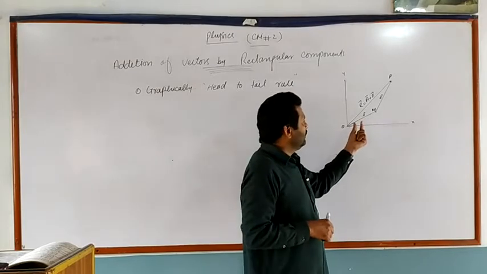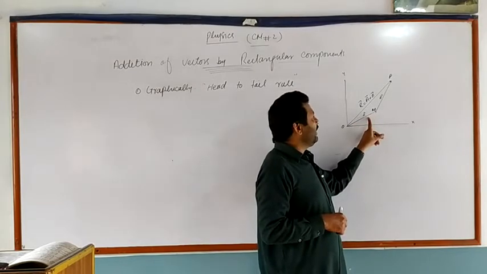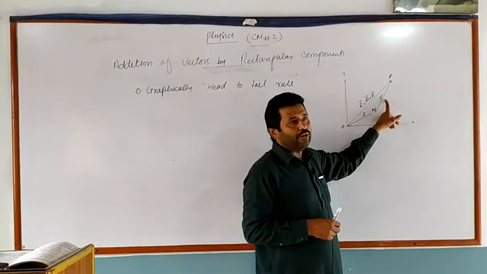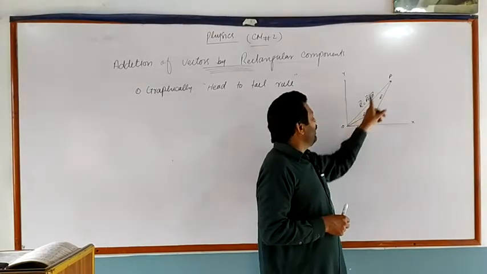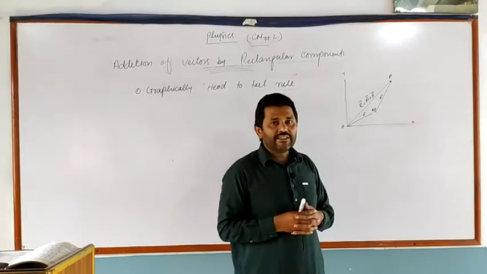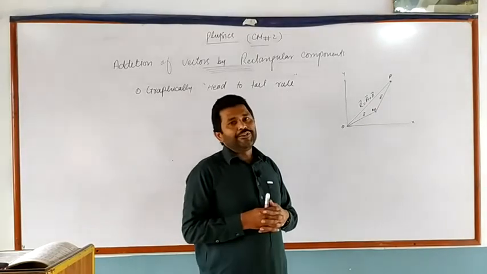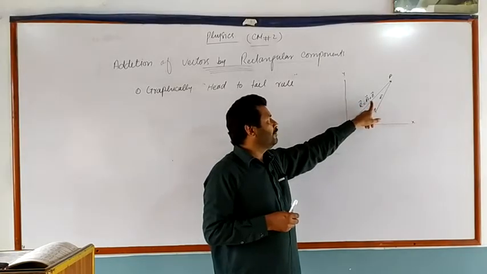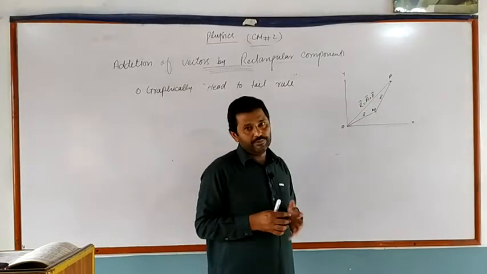First of all, we will add vector A to vector B by the head to tail rule. OM is the resultant vector, represented by R, equal to the addition of these two vectors A and B.